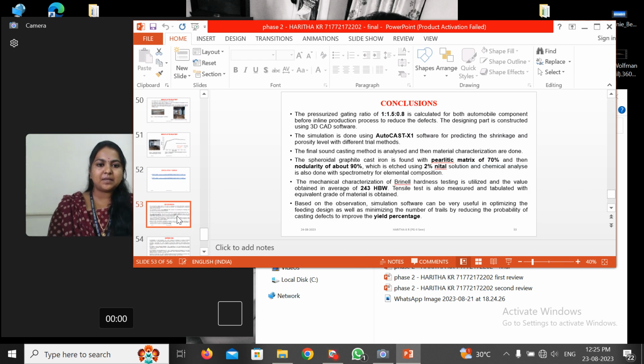conclusion, only the pressurized gating is used for both the piston packing as well as the spring seat component, with a ratio of 1:1.5:0.8, and using the CAD software and simulation software, the optimizing technique has been done. With respect to ASTM A536, the material is similar, with a pearlitic matrix and nodularity, and the tensile and hardness are also attained by using the optimization technique of the simulation software.